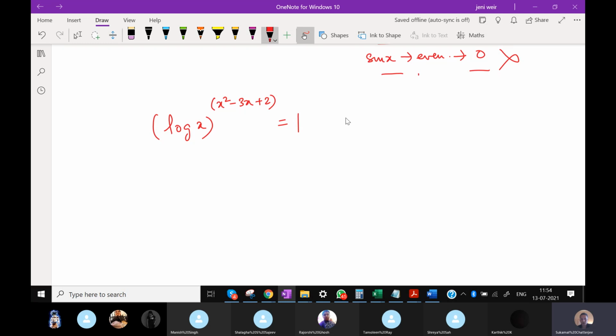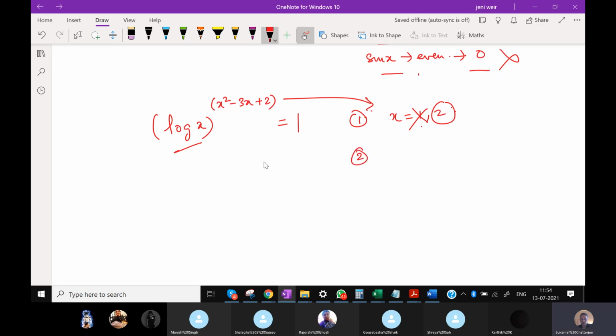So the first solution will be when the exponent is equal to 0. So x equal to 1 or 2. But if x is 1, then the base becomes 0. That means we cannot accept this solution. So x equal to 2 is one solution.